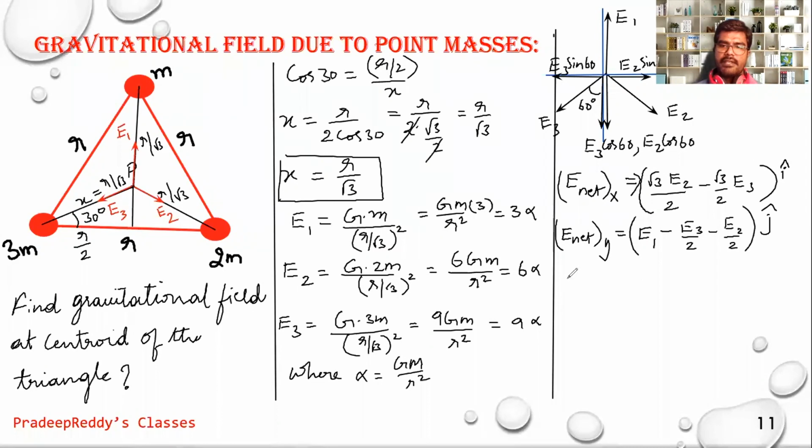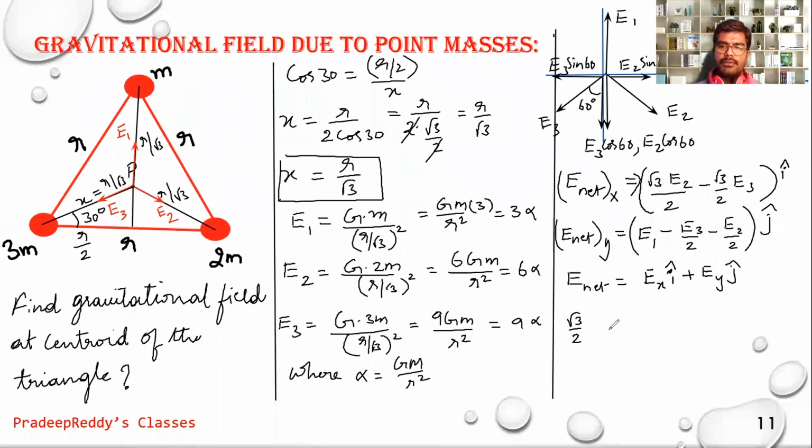Root 3 by 2 I can take it common. E net is equal to Ex I cap plus Ey j cap. But what is Ex? Ex is root 3 by 2. I can take it common. Root 3 by 2 into E2 and E3, that is 6 alpha and 9 alpha.